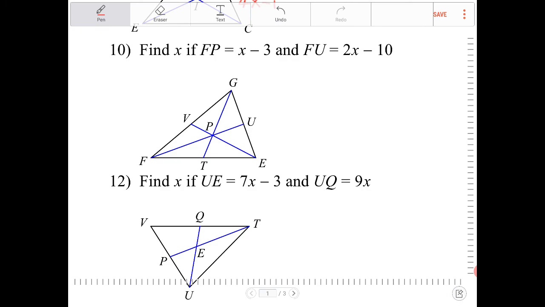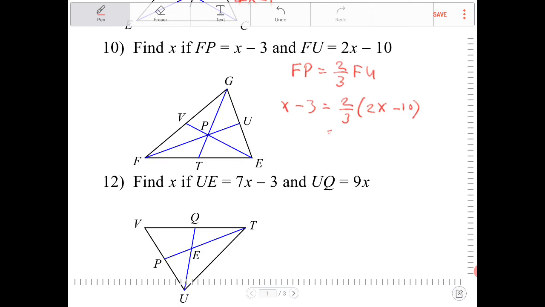Question 10. Find x if FP is equal to x minus 3. FP is x minus 3, and FP is 2/3 of FU. This is 2x minus 10. There's no other way of getting around this, but I will have to distribute, and I have to work with fractions here, unfortunately.